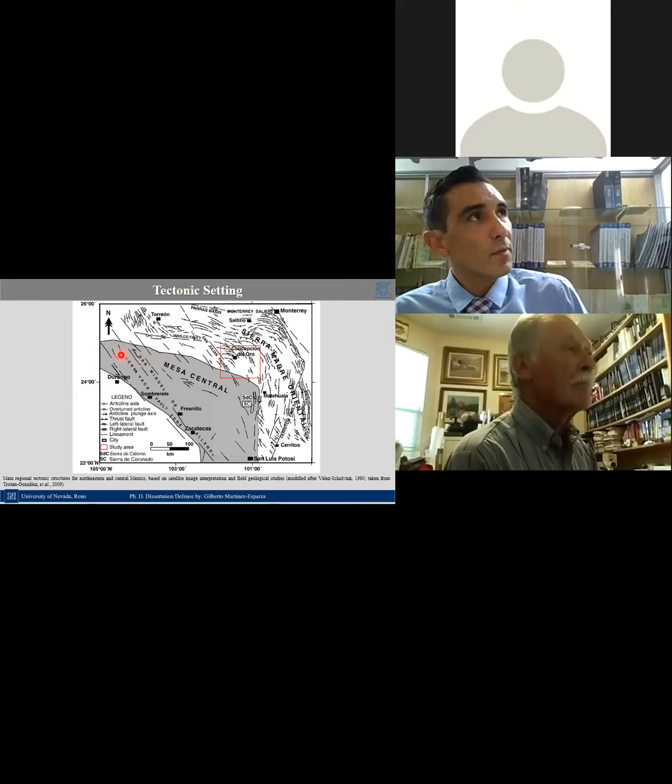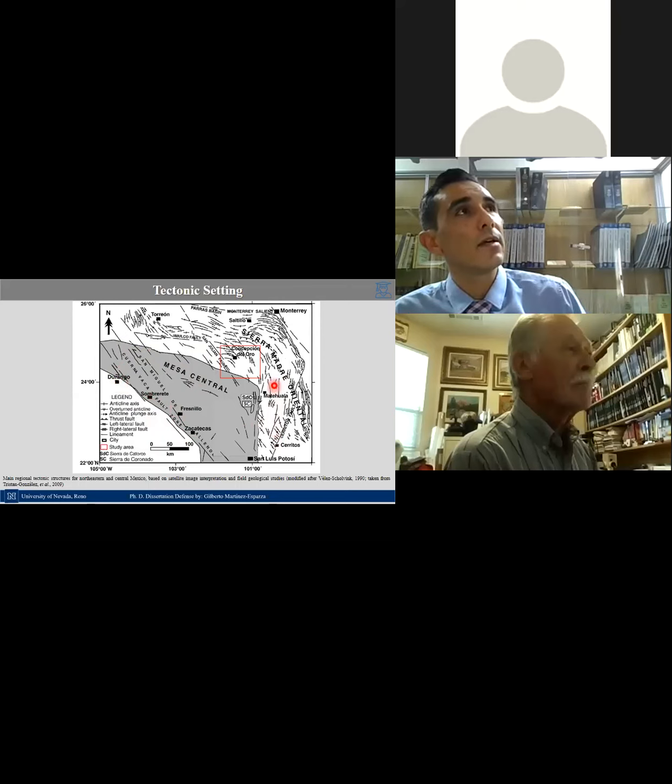This is remarkable because the Mesa Central is delimited by a series of fault systems where most of the major ore deposits are located. So we have here an example in the system, the Taxco San Miguel de Allende fault system, located at the Zacatecas district, Fresnillo, Sombrerete, and Durango.